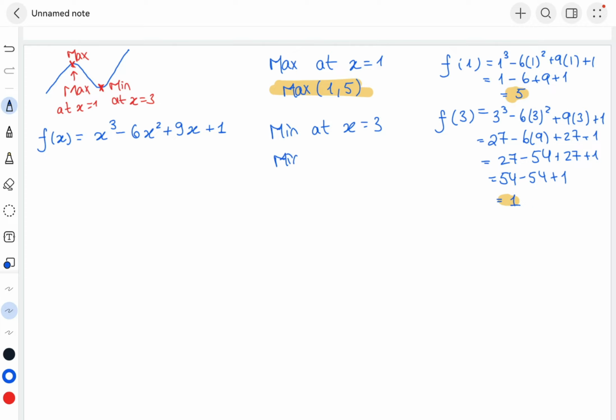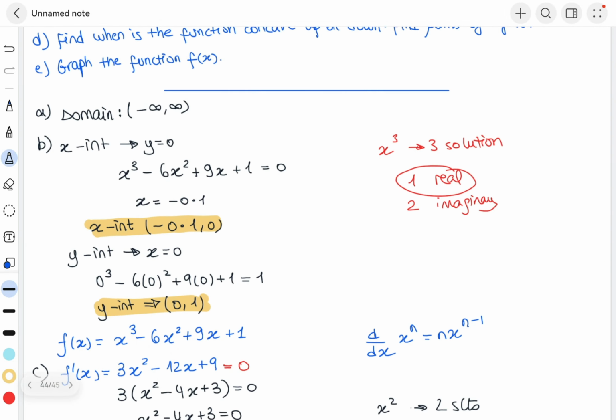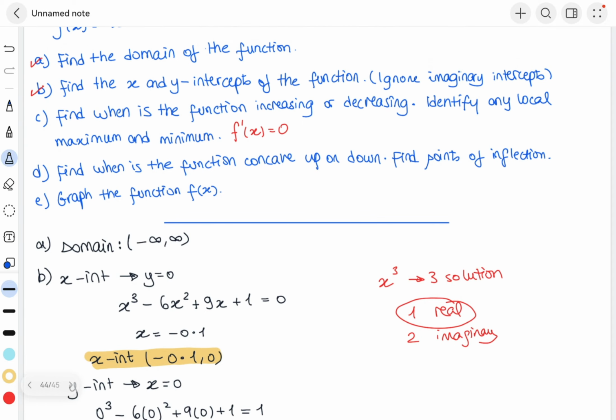So our minimum is at (3, 1). Since we found our minimum and maximum, and when our function is increasing and decreasing, we're done with question C.